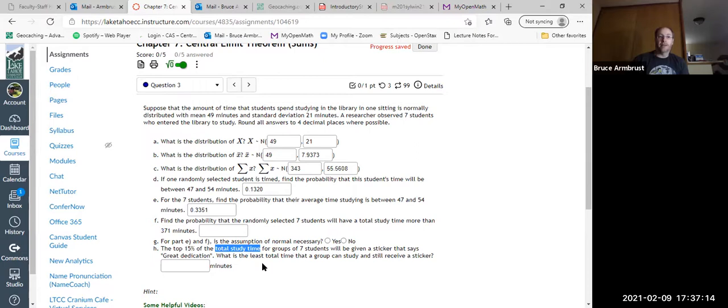Good. Ali just put because of the top 15%. Remember, when we're looking for a percent or a number that corresponds to a percentage, that's where inverse norm comes in. So we're going to have to do an inverse norm for this one.